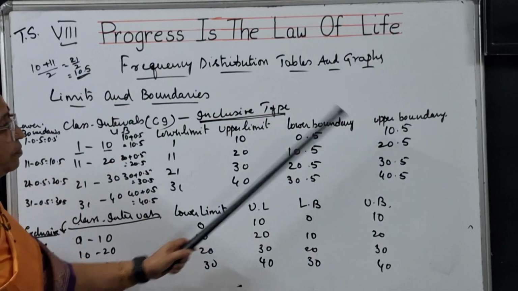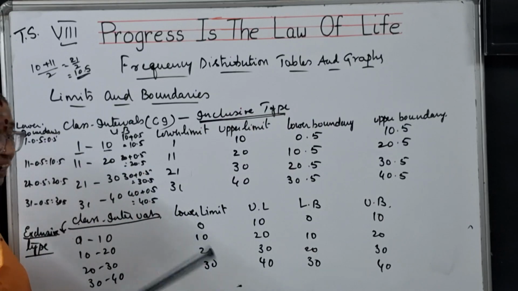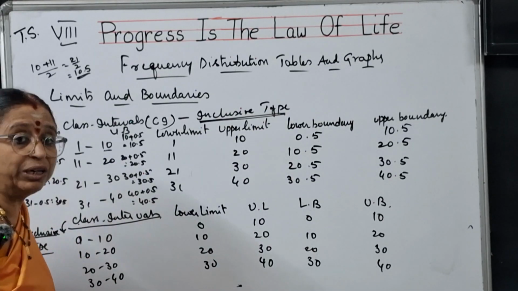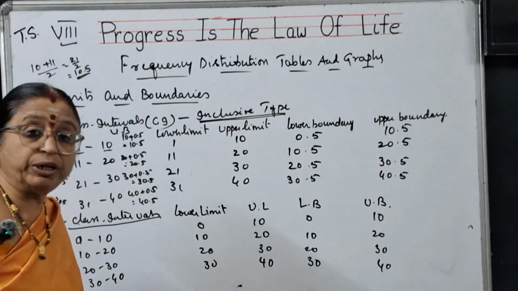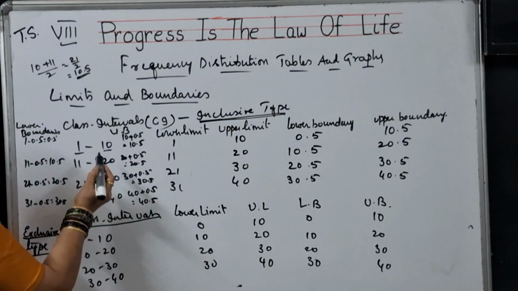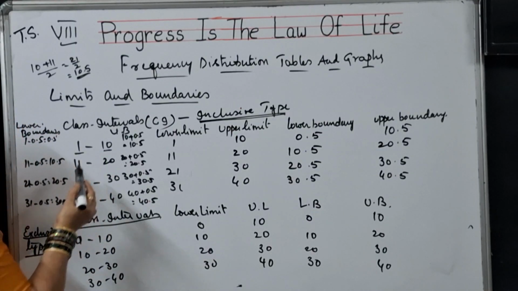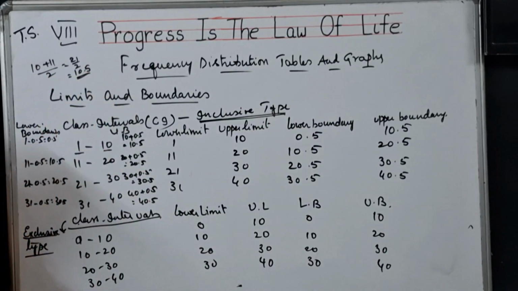Same 10.5. So if you want to know how the boundaries have to be done, this knowledge is important, children. You have to take the upper limit of the first class interval and the lower limit of the second class interval and find its average. This is how the average is calculated.